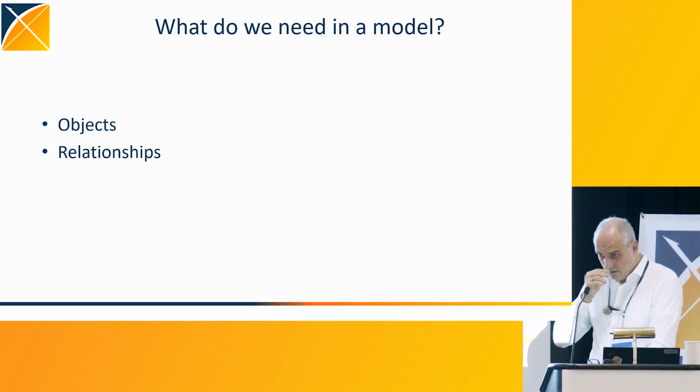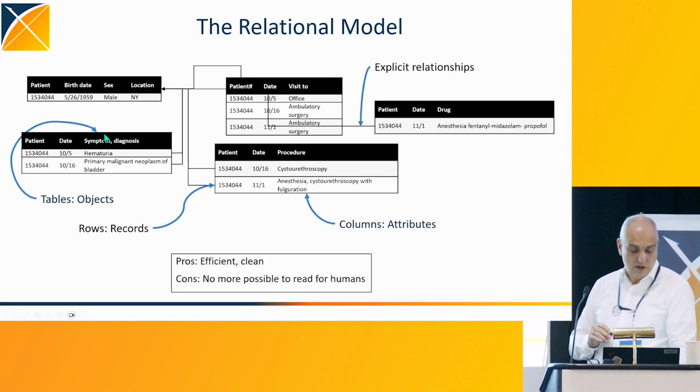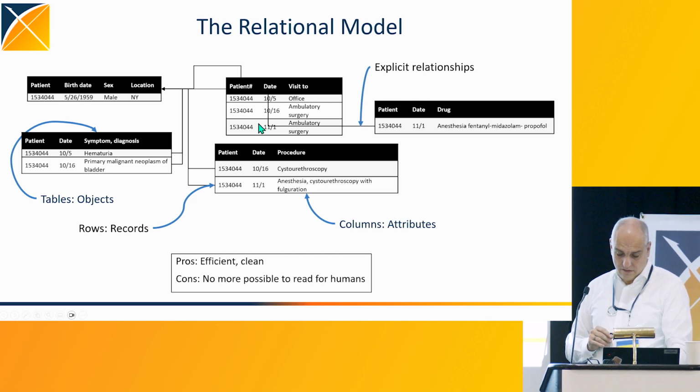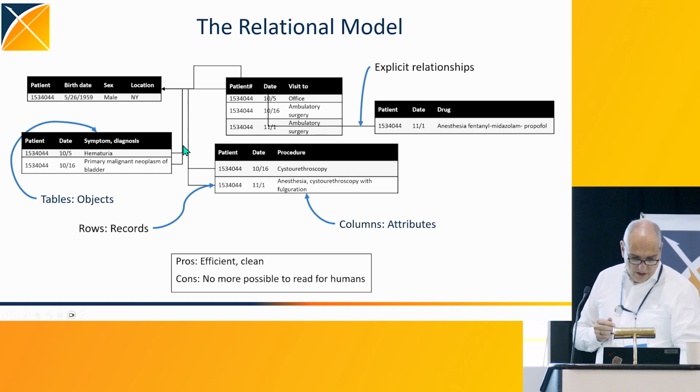What's the data model? It consists of two things: the objects and the relationships. Objects are the different things that we have. For example, the patient itself, birth date, sex, the visits, the diagnoses, the procedures, and the drugs.